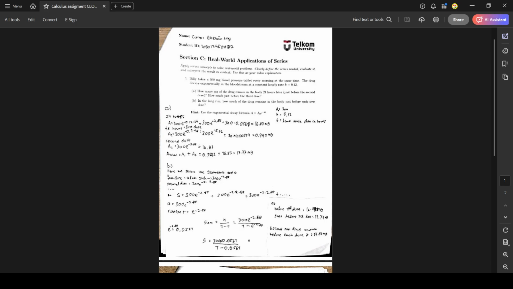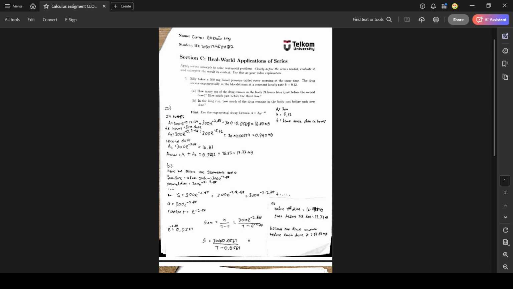We define A0 as 300, K as 0.12, and T as time since the dose in hours. From the hint, we know that A is equal to A0 times exponential minus k times t.